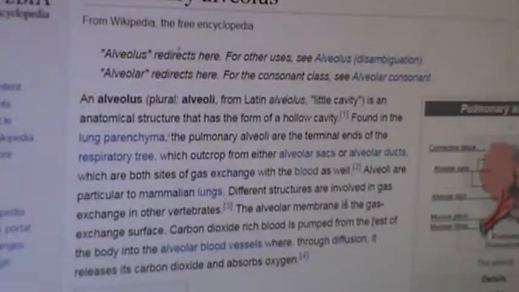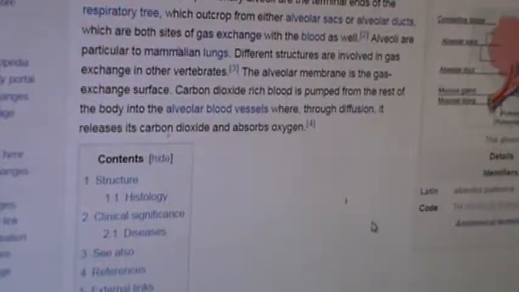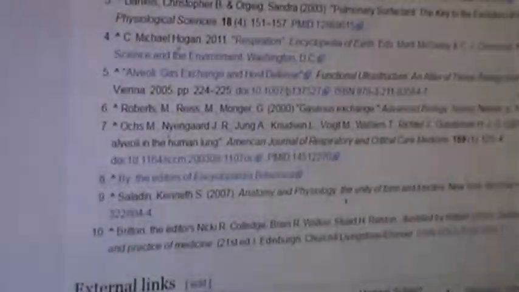Done. We did a lot of stuff in your lungs there. Capillary beds. So beautiful, that one.